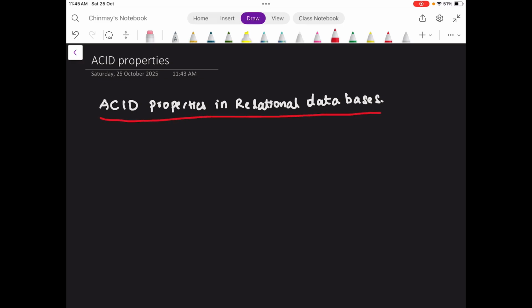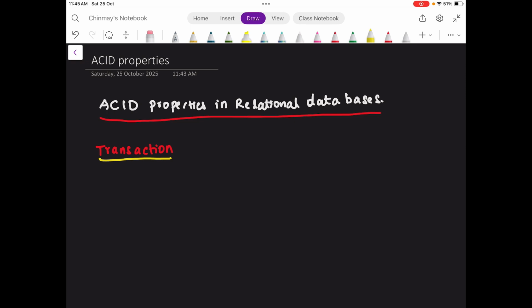Before we discuss the ACID properties, first we need to understand what is meant by a transaction. It is really important.